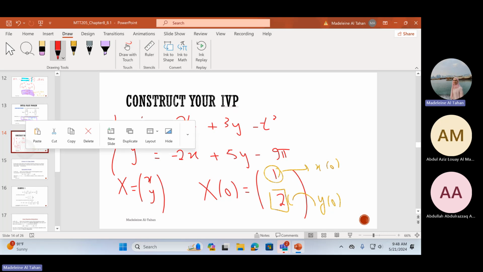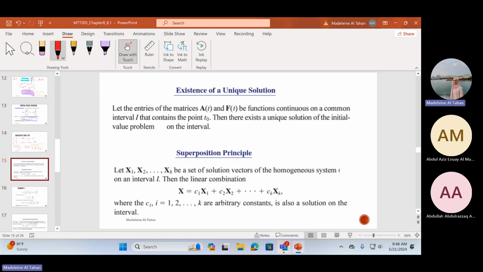Something in t. So everything in the matrix should be what? Continuous. What do we mean by continuous? The function exists and the limit exists. It means that it doesn't have problems. So if this is true, then it has a unique solution.